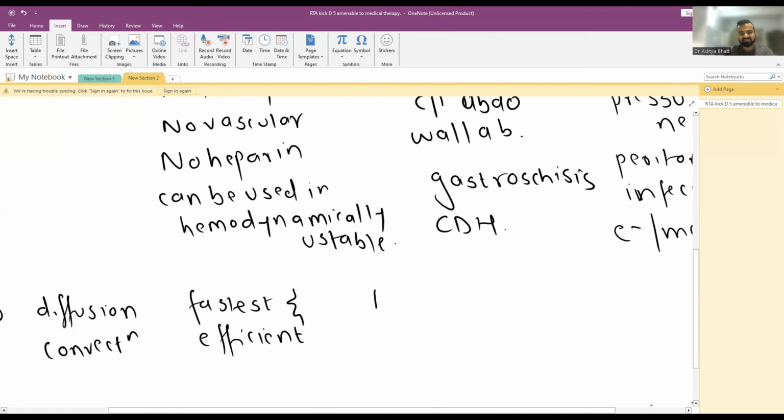First is large extracorporeal volume. What does this mean? Imagine there is a newborn whose blood volume is, say, 100 ml. The issue is that a nearly same amount of volume is circulating in the circuit of the dialysis machine.